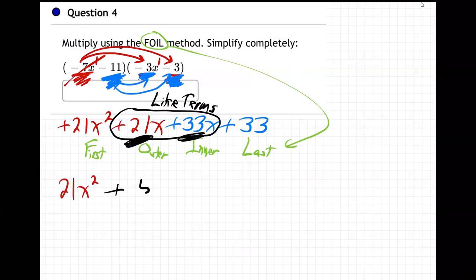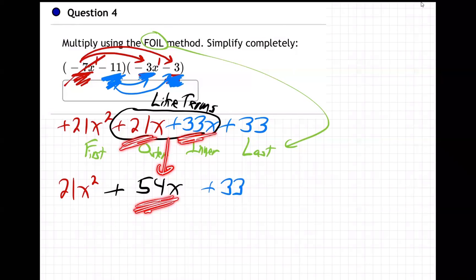What is that going to be? 54x. Like that. So I just combine these two in the middle. 21x and 33x is 54x in the middle. So the two middle terms combine.